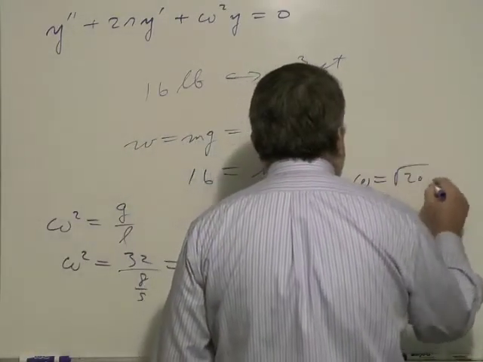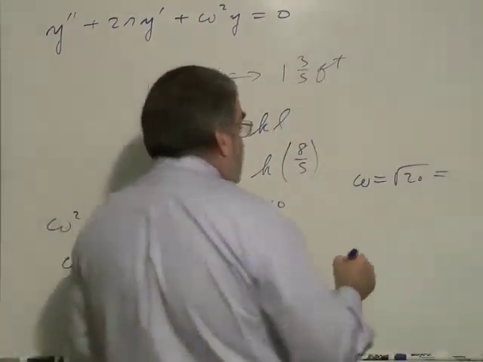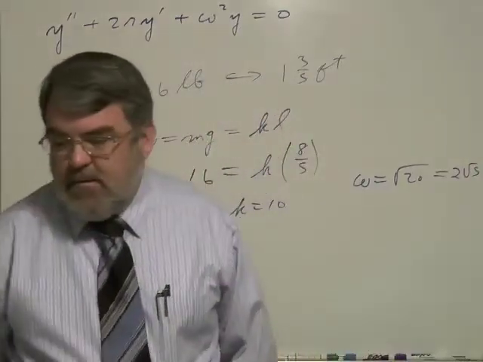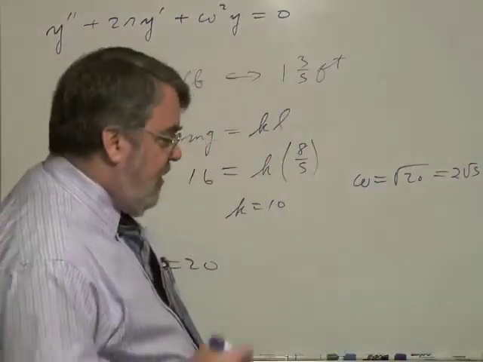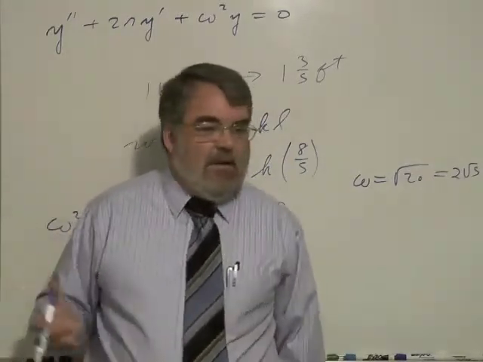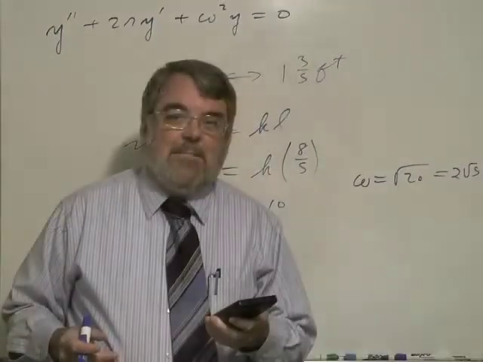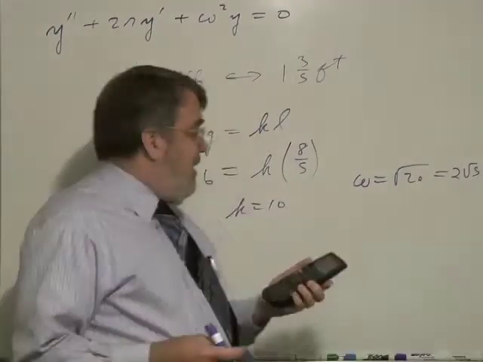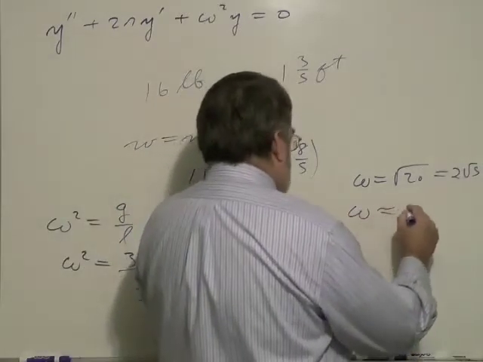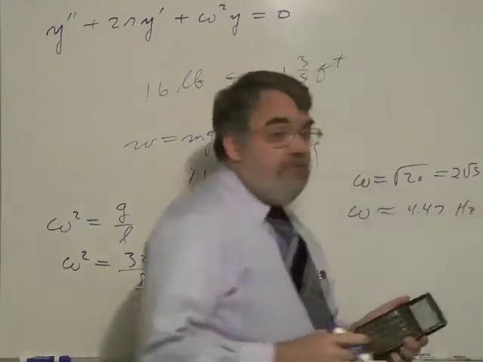which makes omega equal to the square root of 20, or we can simplify this down to 2 square roots of 5. The square root of 20 is about 4 point something. I found my calculator, and omega is about 4.47 hertz.